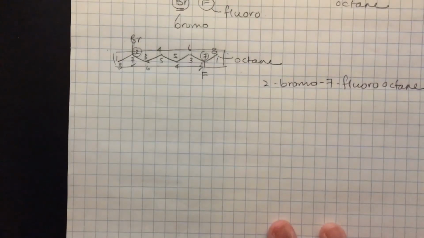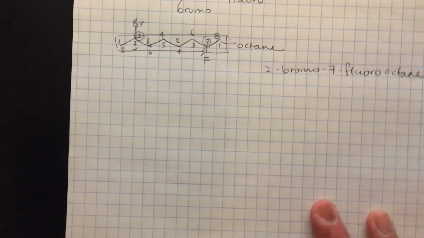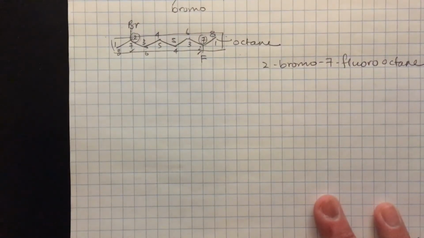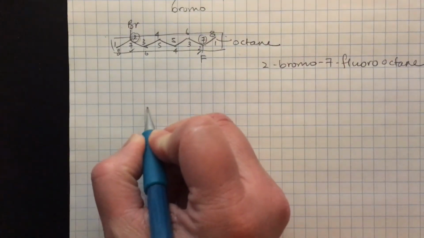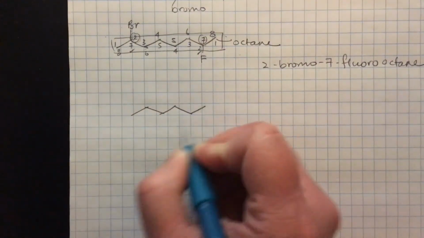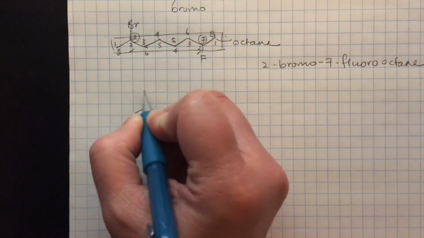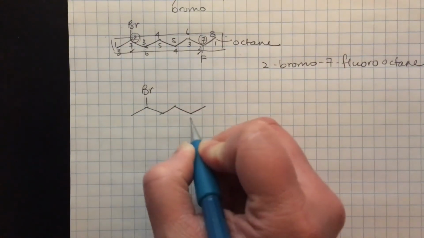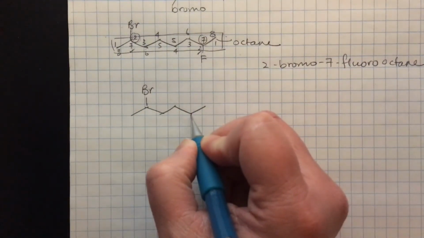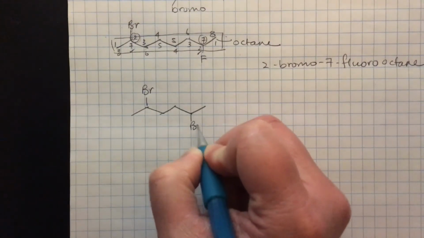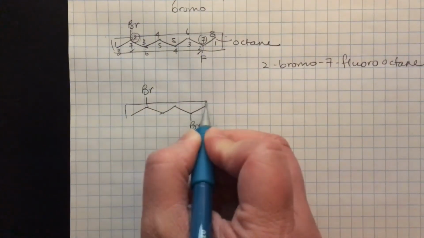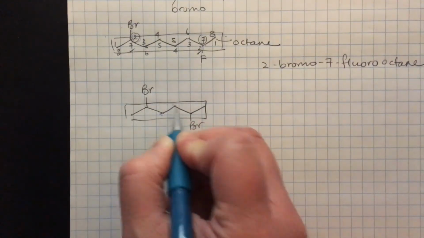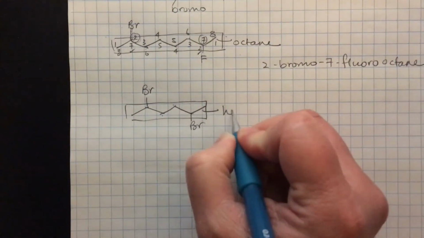So finally, if we have something whereby we have 2 of the same groups together, so in this case over here, if I have something like the following, and I have, let's say, a Br over here, and I also have a Br over here, then what happens is I have my main chain, 1, 2, 3, 4, 5, 6. This is a hexane.